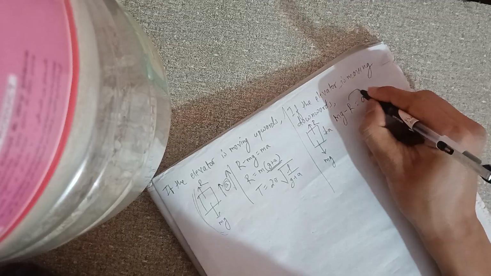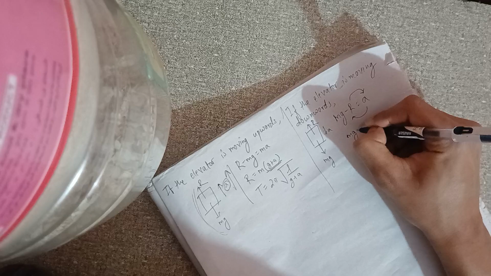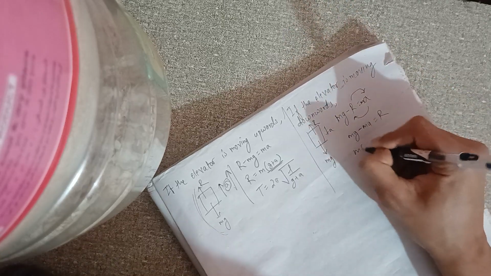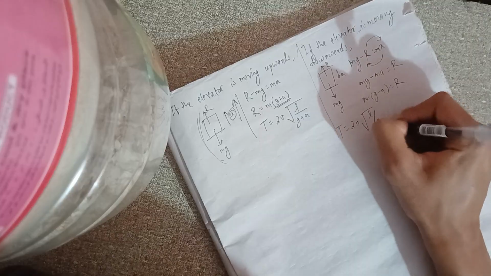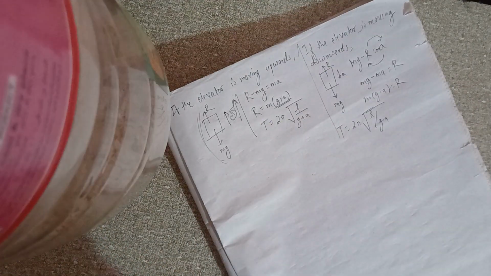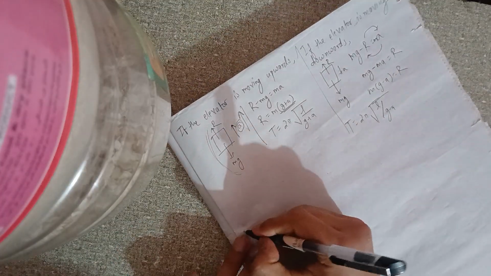So if this goes the other side and this comes the other side, then mg minus ma will be equal to R, m times g minus a will be equal to R. So T will be 2 pi under root L by g minus a. We have to understand this much, and after we are done understanding this much, then we can basically move to numericals.